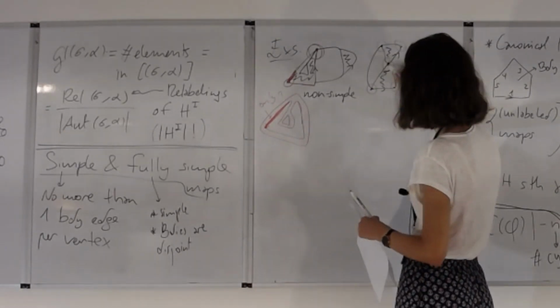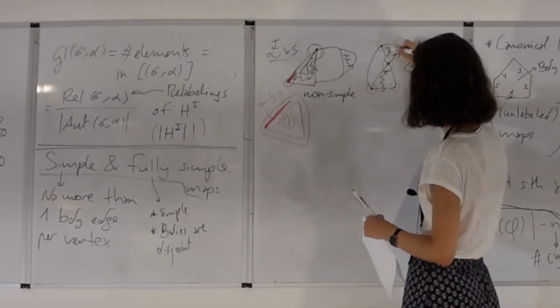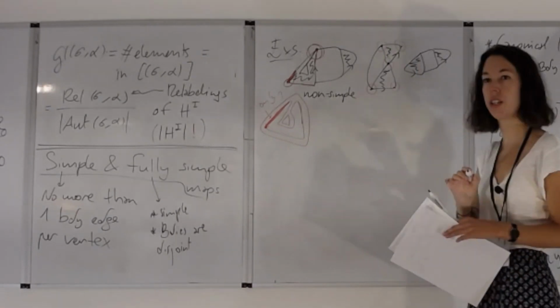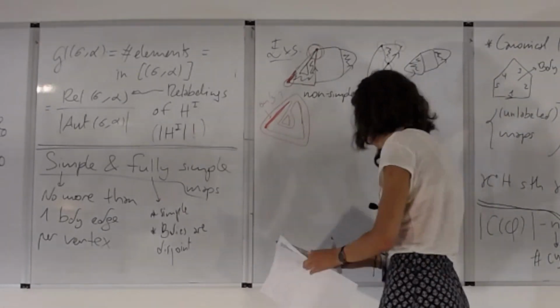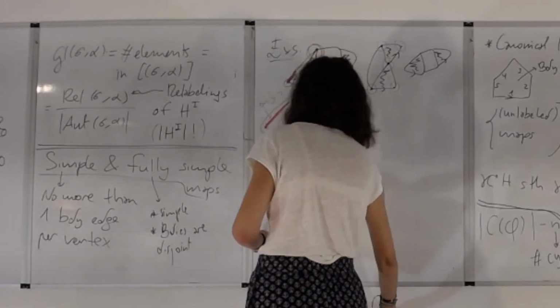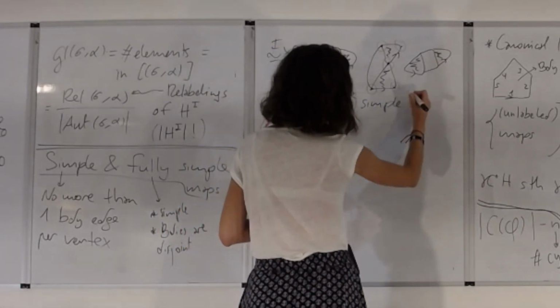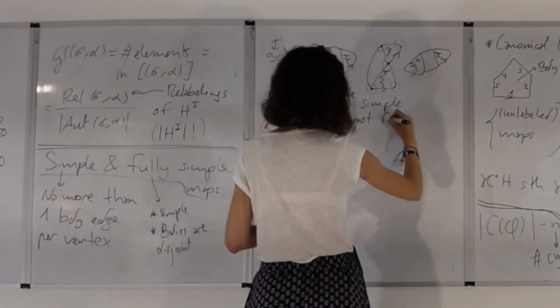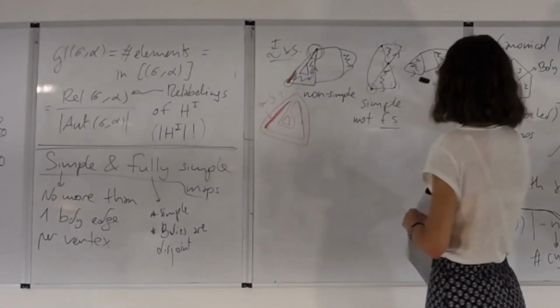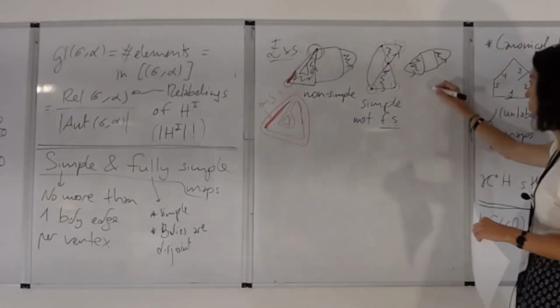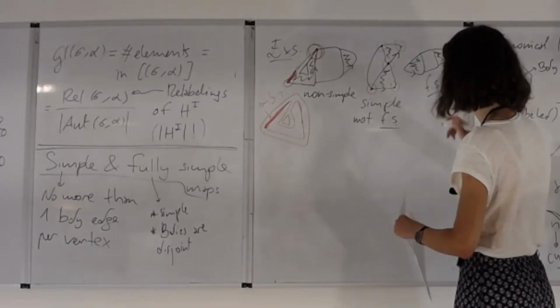But in this vertex, these two boundaries touch each other. So it's simple, but not fully simple. This is what I mean. And this one is simple and fully simple, because they don't touch. Okay.